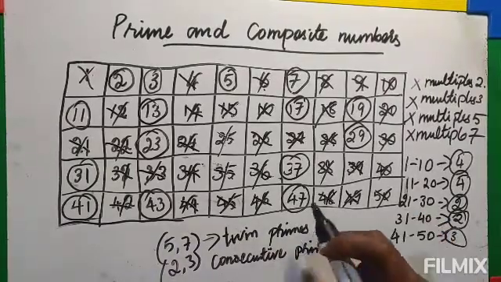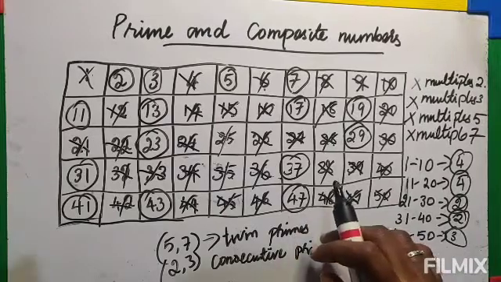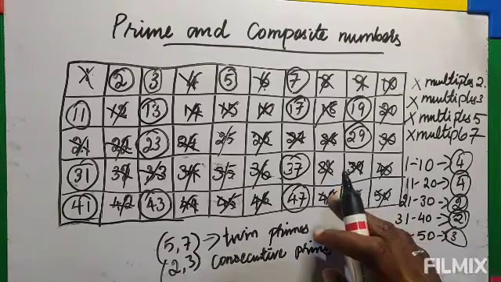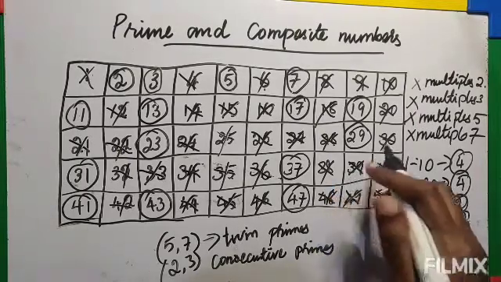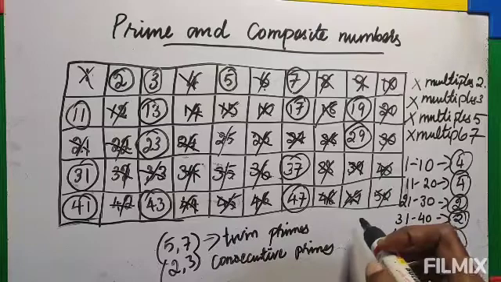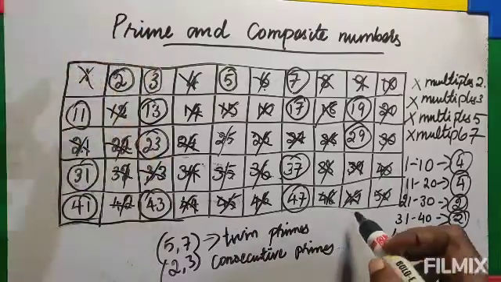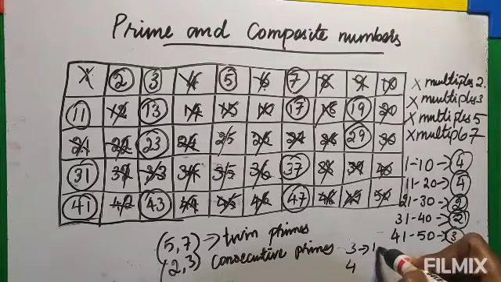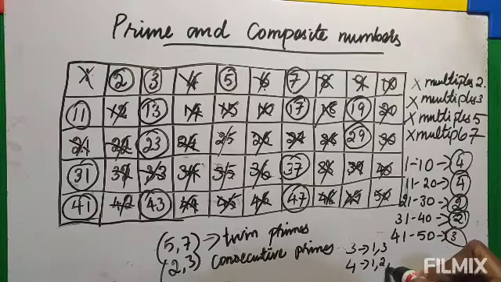Another one: if you take any two numbers and they have only 1 as a common factor, with no other common factor, they are called co-primes, otherwise relatively prime. Let me take 3 and 4. The factors of 3 are 1 and 3. The factors of 4 are 1, 2 and 4.